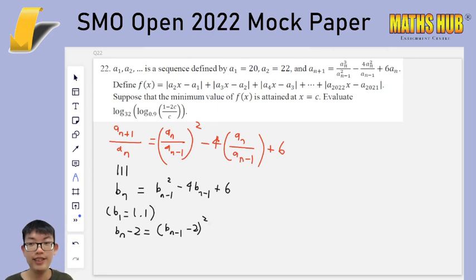Which is nice, because if I were to let Cn be Bn minus 2, then what you have is simply a successive squaring, where C1 is negative 0.9.